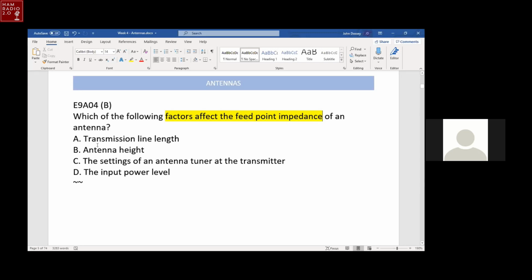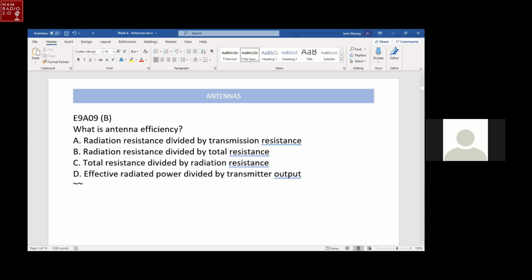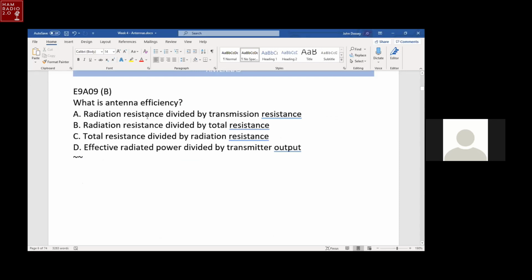Input power level doesn't, unless it's in a bad way, like you have a balun that's overheating. But that's bad because that overheating is loss. You don't want that. The answer is antenna height. Antenna height is the greatest factor that affects the feed point impedance of an antenna. Really, you want the antenna as high as you can get it for that reason and others.